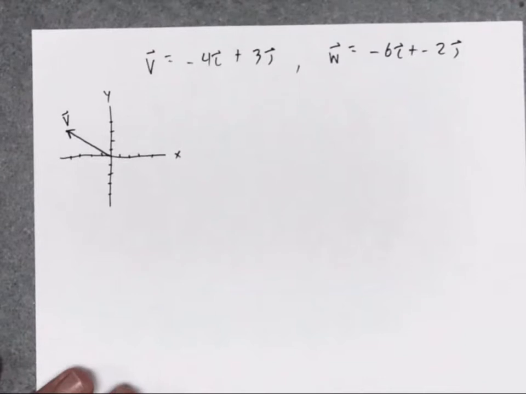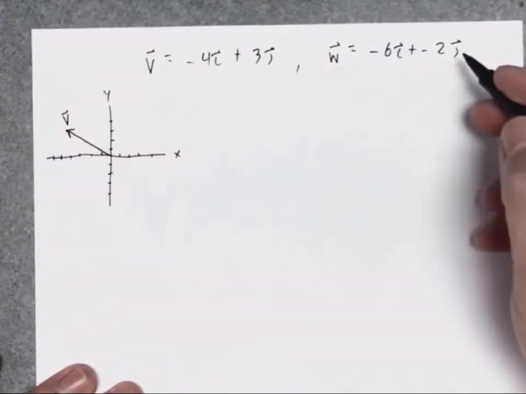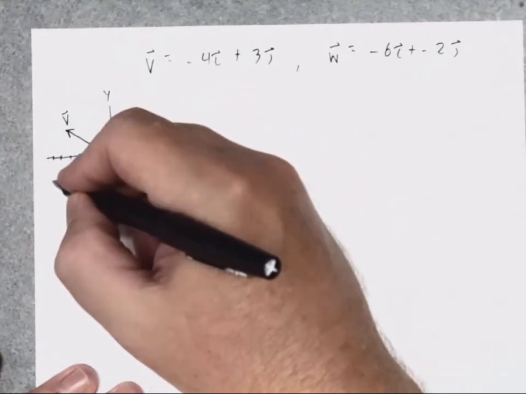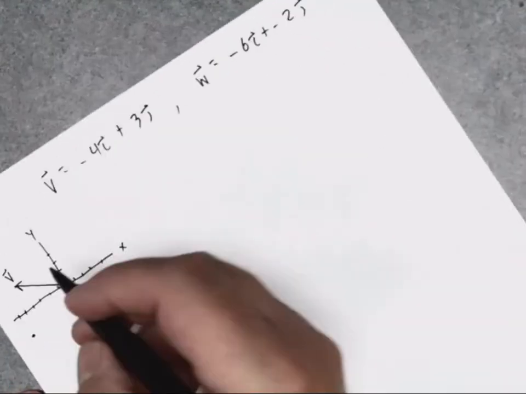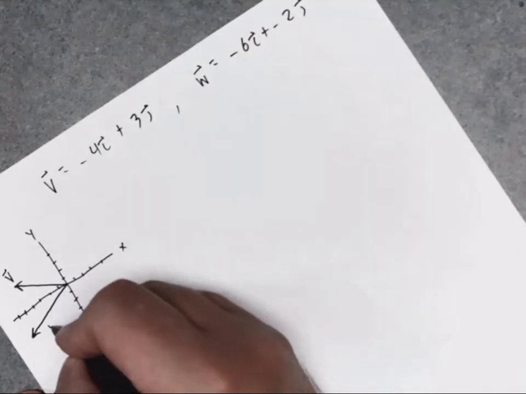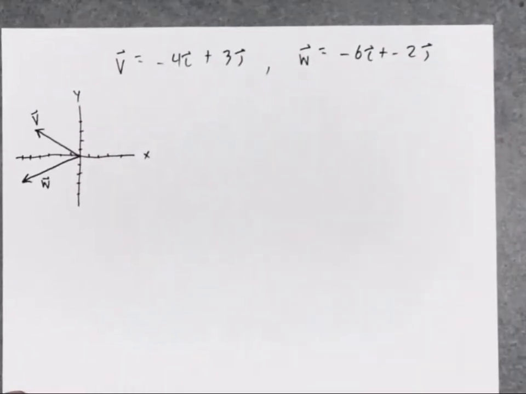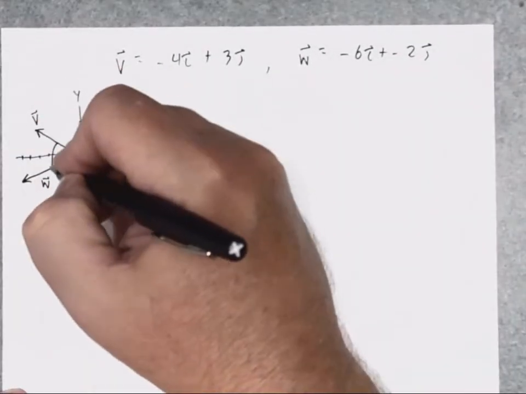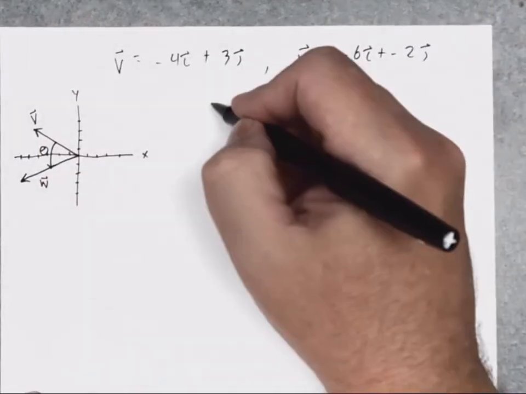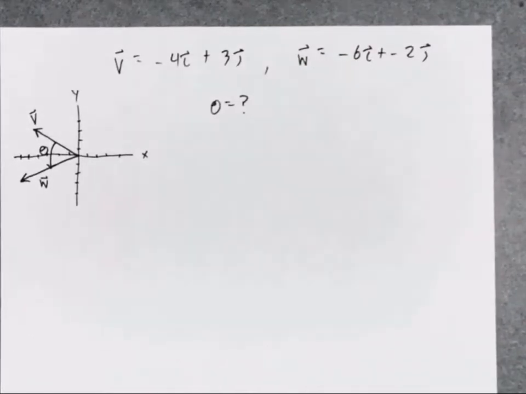And this w vector, negative 6i. Oh boy, so we've got to go even further out. And negative 2j. So maybe the w vector is here, so the angle in between is the smallest angle. And that's what we're trying to determine.